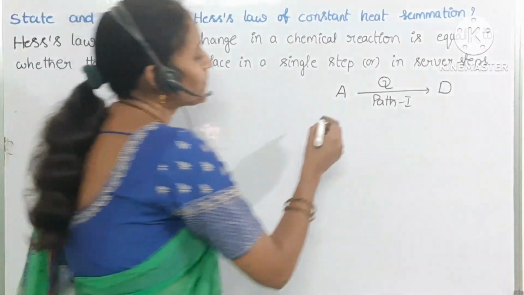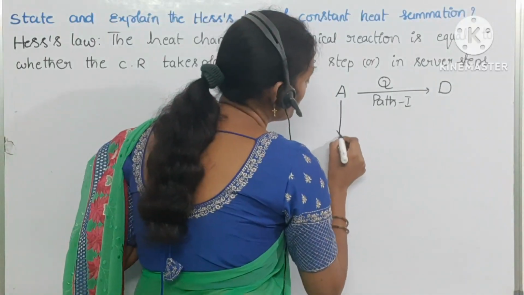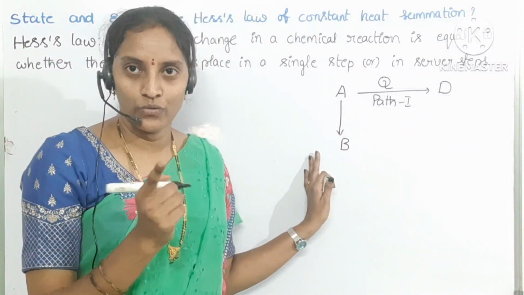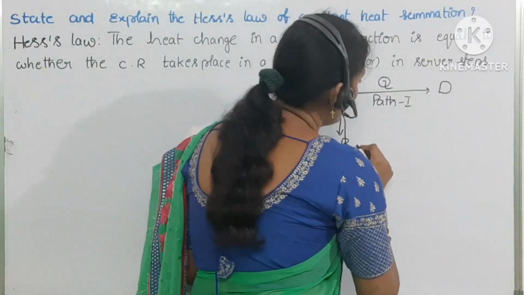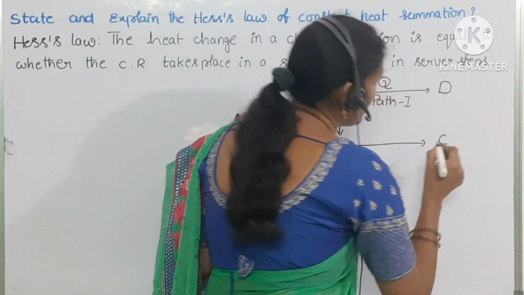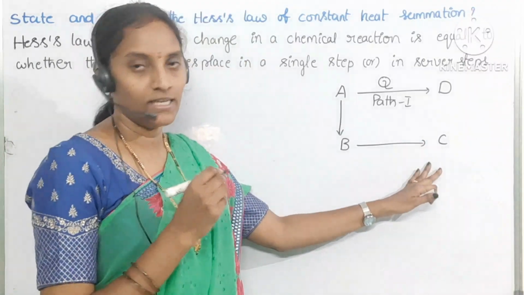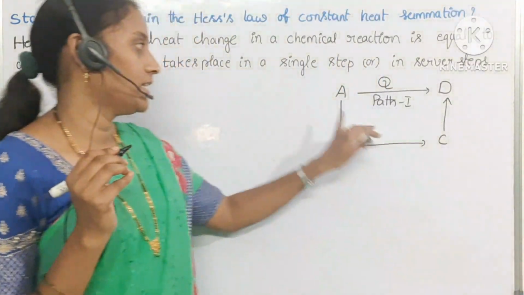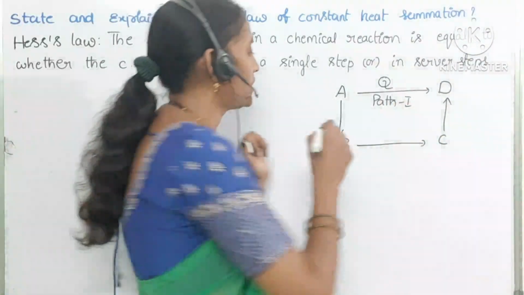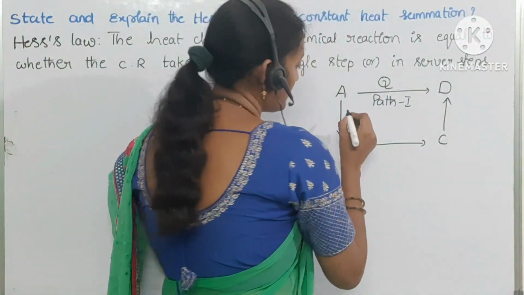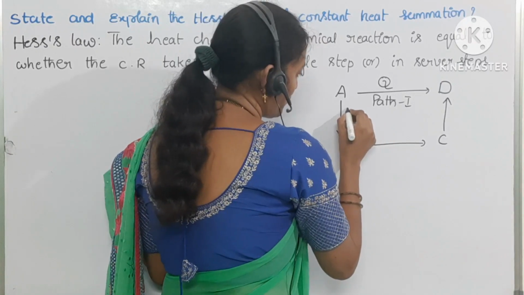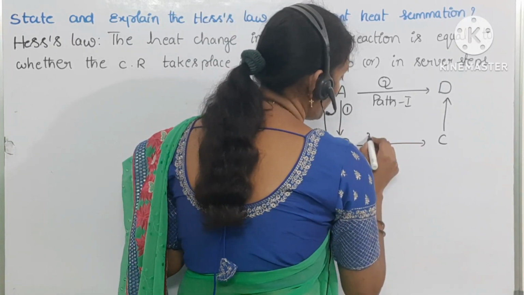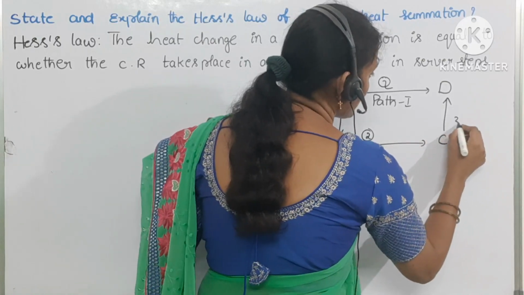Here also, A to B, then from B to another product, that is C, and then C to D. See, A to B, B to C, C to D. A to B is step 1, B to C is step 2, C to D is step 3.